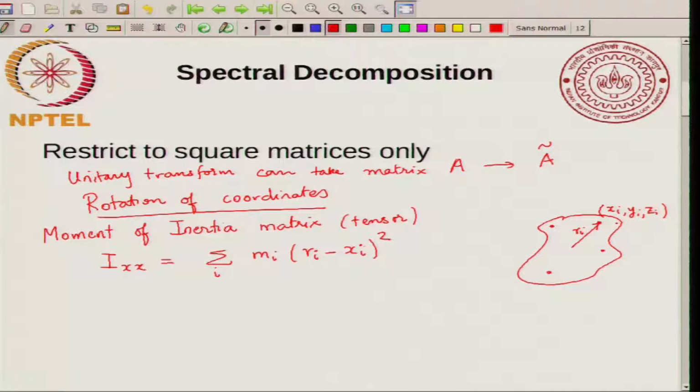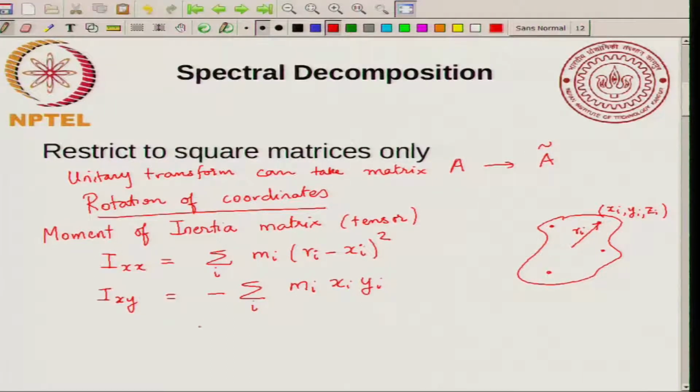This is the xx component of the moment of inertia matrix, and similarly you can do it for yy and zz. Then you have the xy component, which is defined as minus the sum over i of m_i x_i y_i.